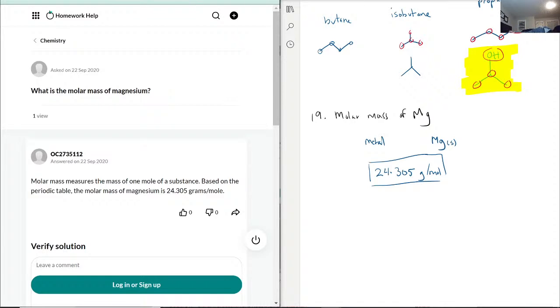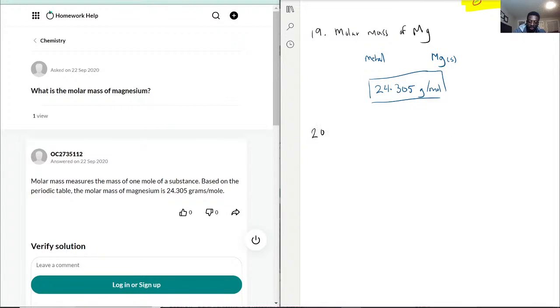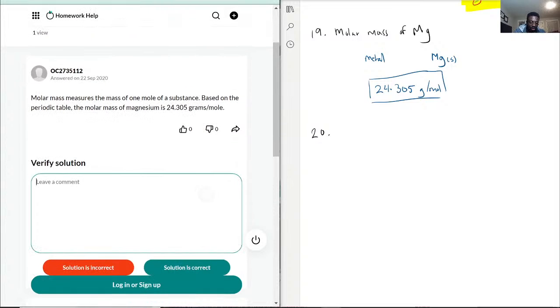Does not look like it. I believe that's everything we need, and we're checking with the question. That is all we need there, because magnesium shows up in nature by itself. With that, question 19 is done. Move to question 20. So this is correct.